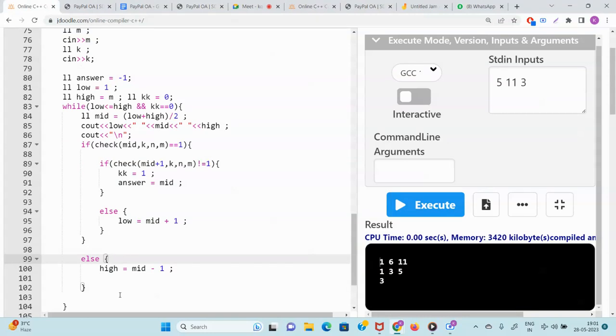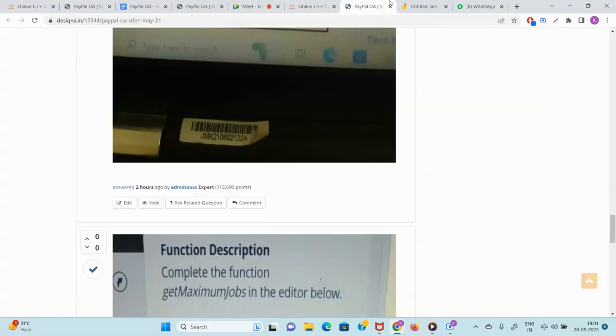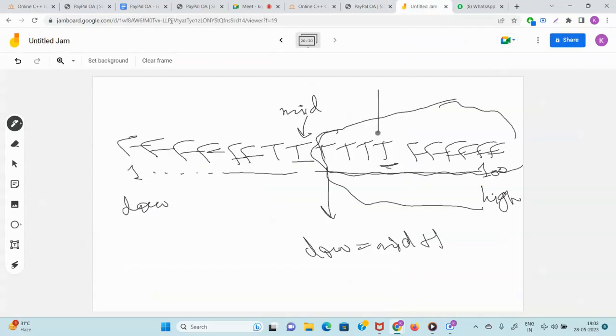Anyways, going back, guys, this low equal to mid plus 1. Okay, but you just do one more check. If the just adjacent element is false, it means you got your answer, you need to stop. That's why answer is mid, and k equal to 1, it was 0, it will keep on running till it's 0, so I make it 1. Why is this special case, guys? It can happen that you are at this particular mid.